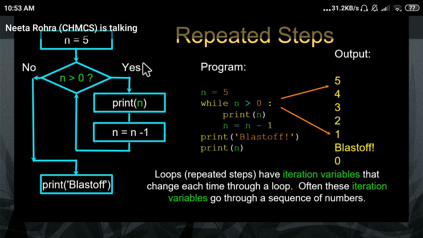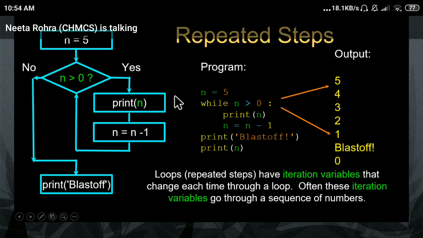Loops are even called repeated steps. That means it will keep repeating the same thing, looping again and again until the condition fails. If the condition never fails, it will go into an infinite loop.